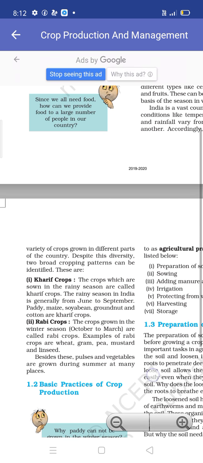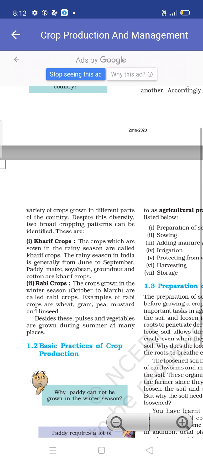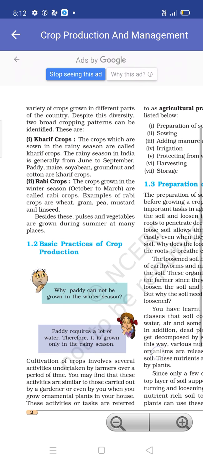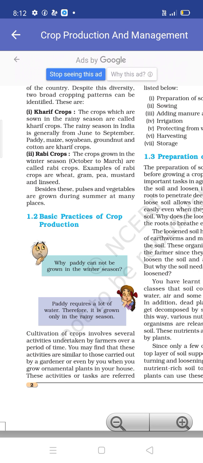Our next topic is the basic practices of crop production, meaning how a crop is produced. Cultivation of crops involves several activities undertaken by a farmer over a period of time.